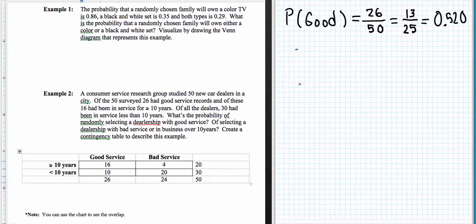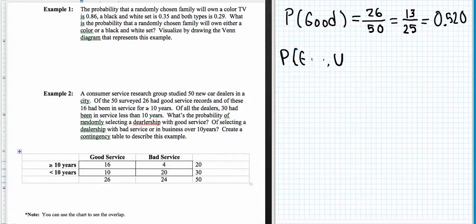Now the next one says, of selecting a dealership with bad service or in business over 10 years. So the probability of, and I'm not going to use the word or, I'm going to use the union symbol, and that's good service or, oh, sorry, no, that was not good service. It was supposed to be bad service.